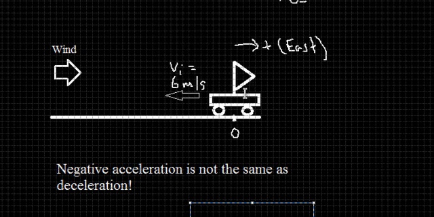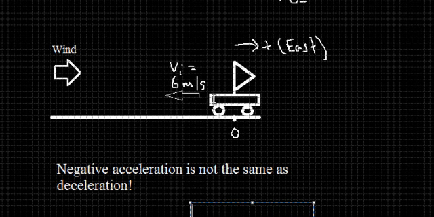If you look at the motion of the car, it's moving to the east, moving to the west, slowing down. That slowing down is called deceleration. So it decelerates to the west, comes to a stop, and then accelerates to the east. But the whole time it actually experienced a positive acceleration.